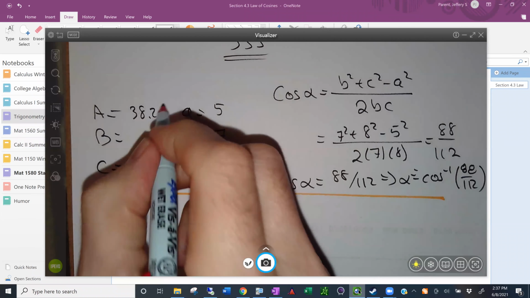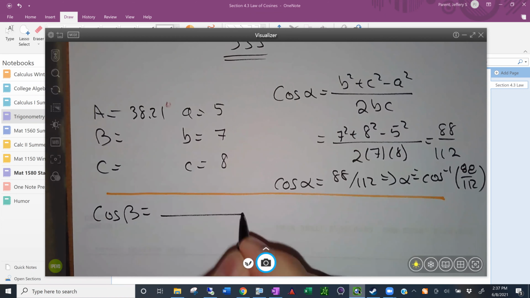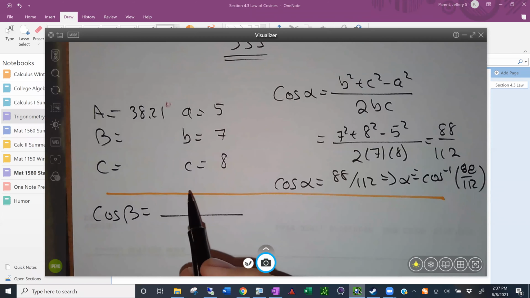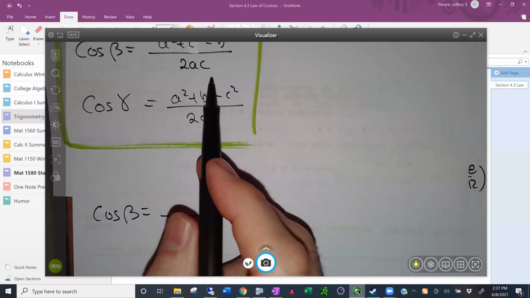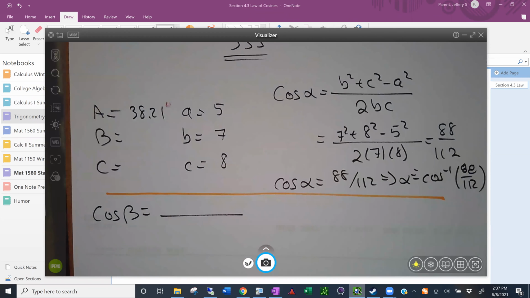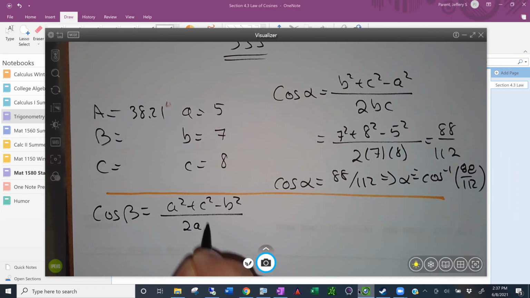If I want to solve for angle B, then I want cosine of beta equals a squared plus c squared minus b squared over 2ac.